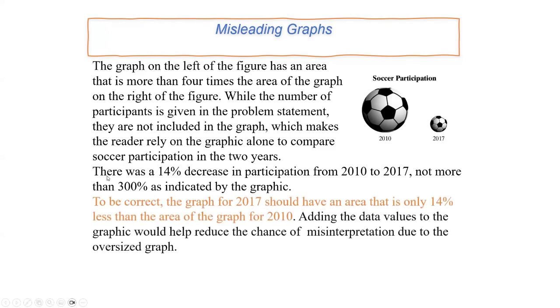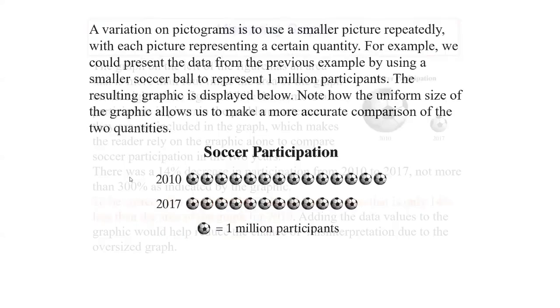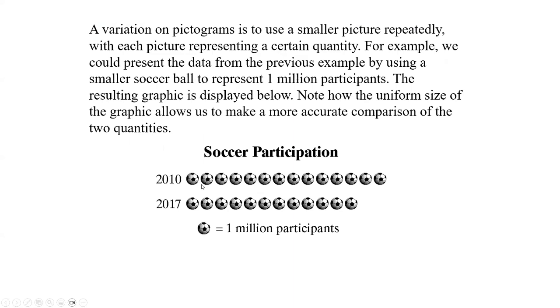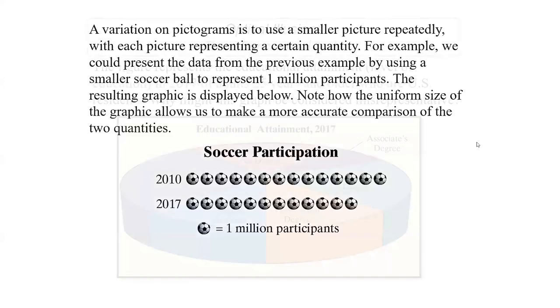So what's a better way to represent that graphic? Well, if we're set on using soccer balls, we could let each soccer ball represent 1 million participants, and then we can see a better relative comparison between 2010 and 2017.